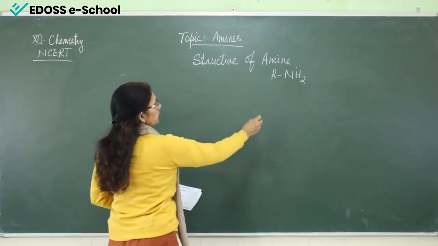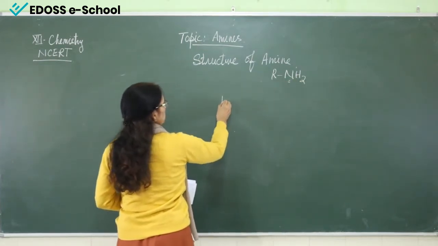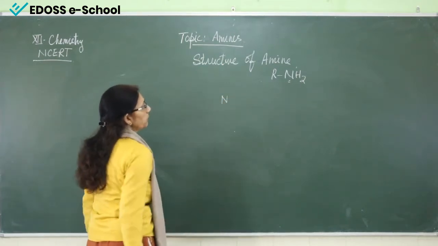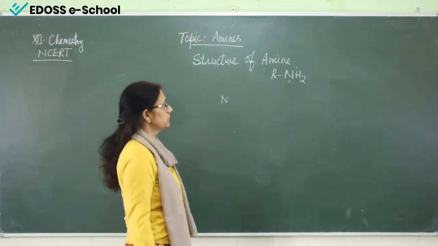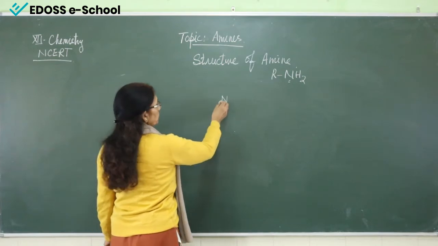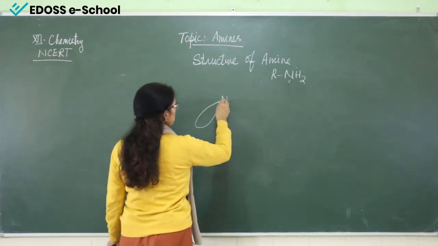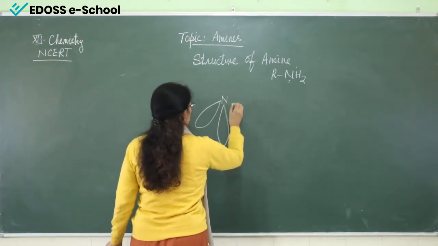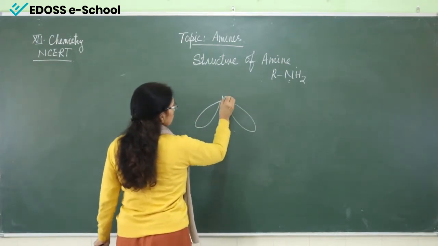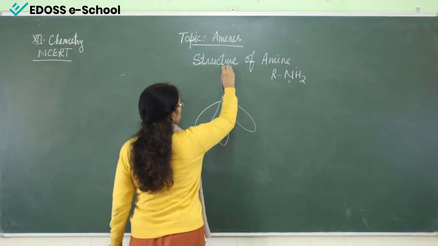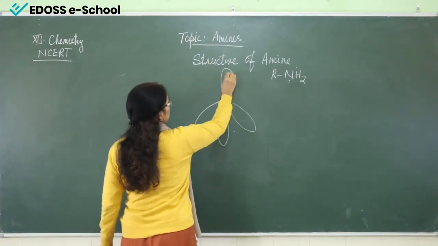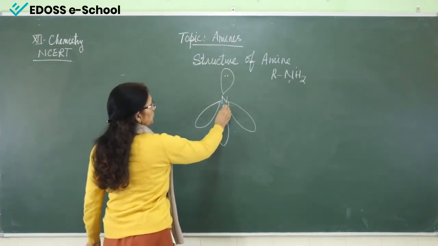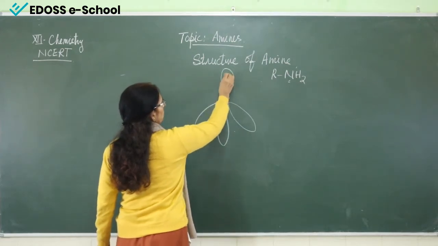Nitrogen has 5 electrons in its outermost orbit. So 1, this is 2, and this is the 3rd orbital, and this is the lone pair. So 1, 2, 3, 4 and 5.